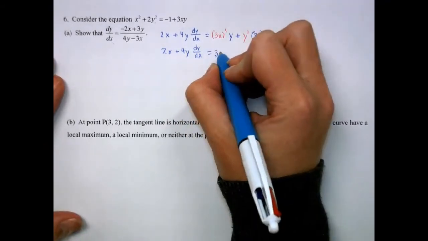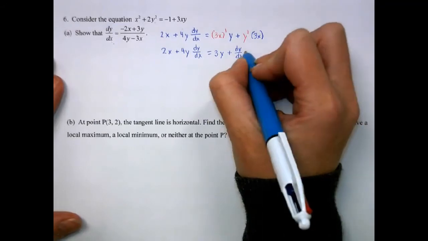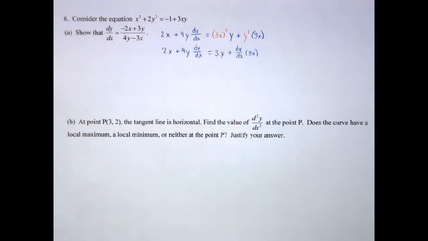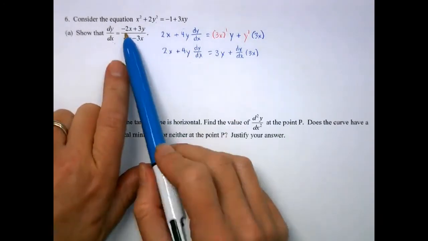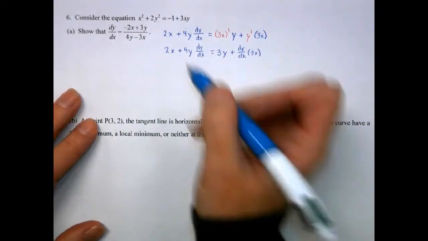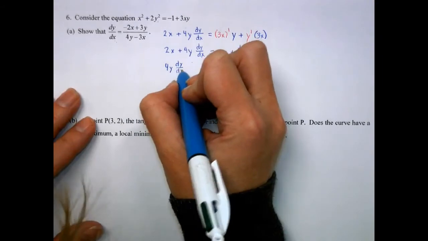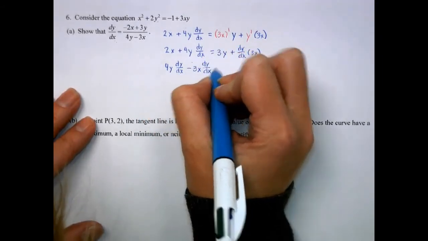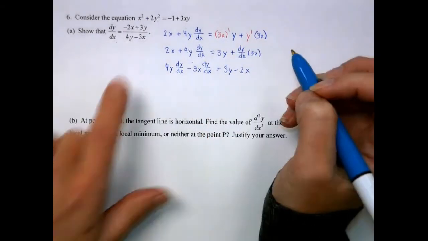Equals 3y plus dy dx times 3x. So we're going to move the dy dx's to one side and the stuff without on the other side. Using this as kind of my guide, we've got the 4y minus the 3x, so I'll do it that way. And then we'll have 3y minus 2x.